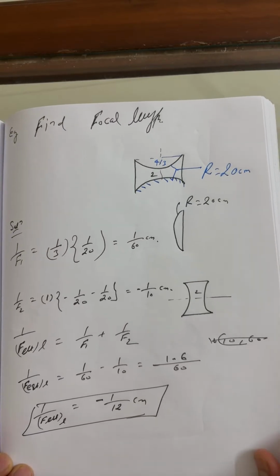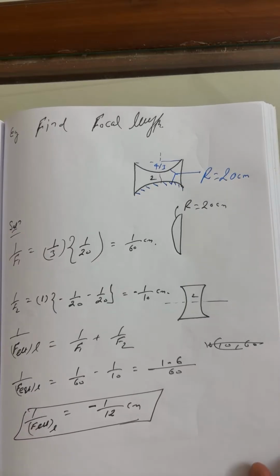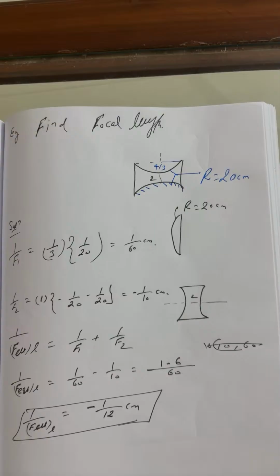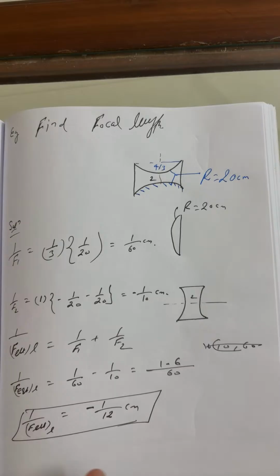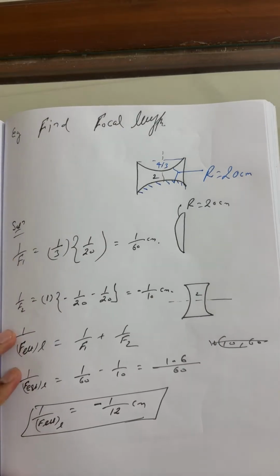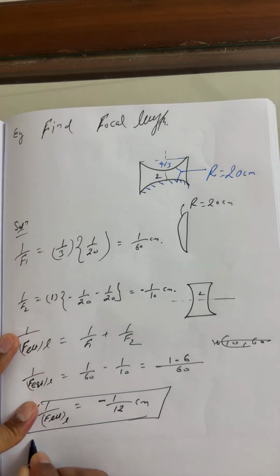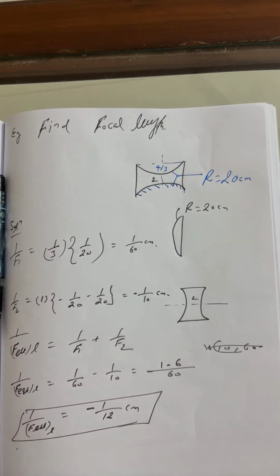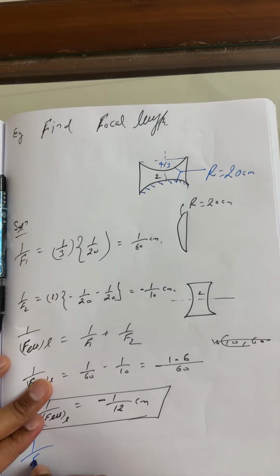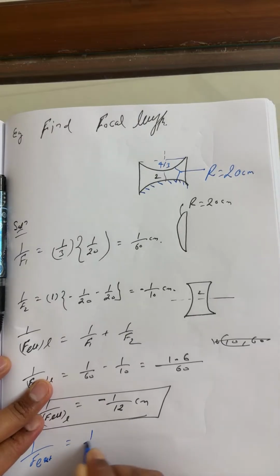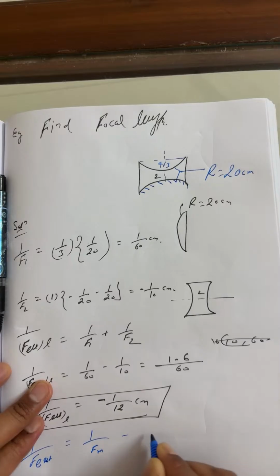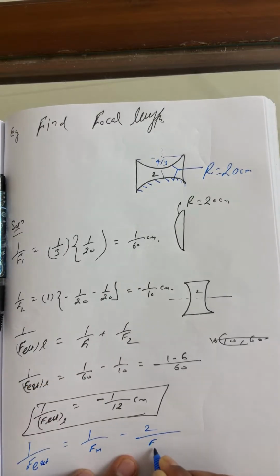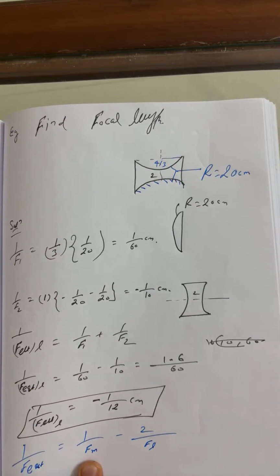Okay, fine. Because we need to find the entire equivalent focal length, now I'm going to apply the formula which I derived over here: 1 upon f equivalent for the entire combination equals 1 upon fm minus twice upon focal length of lens. Fm is what?